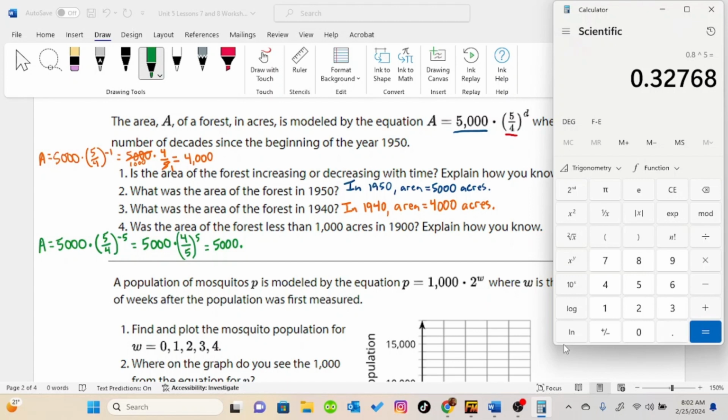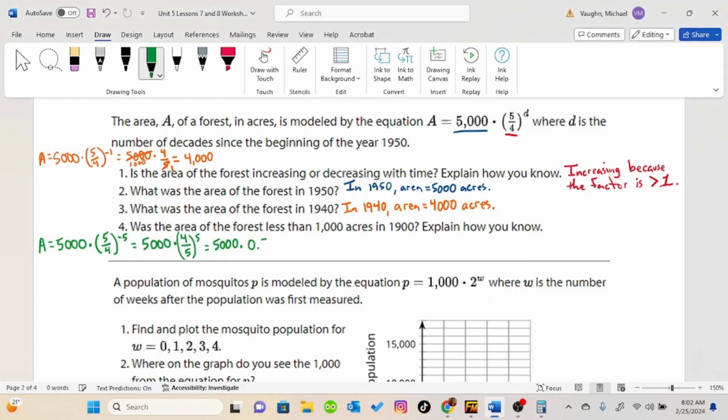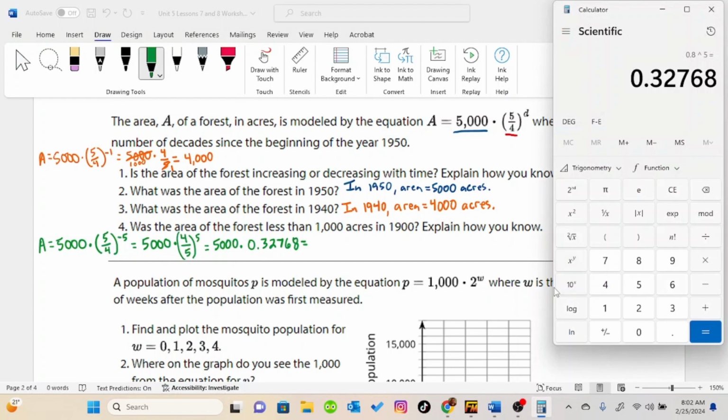And we get 0.32768. And when we multiply that by the original 5,000, we get 1,638.4.